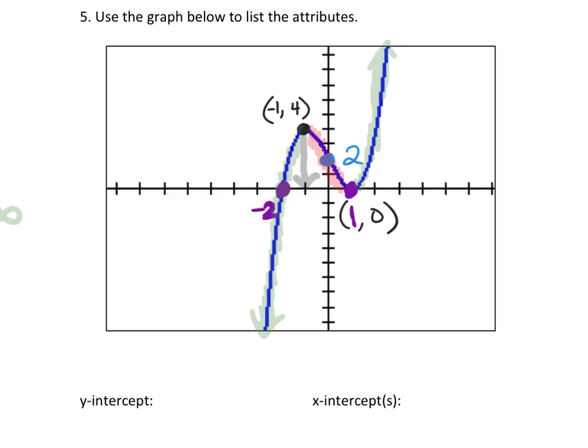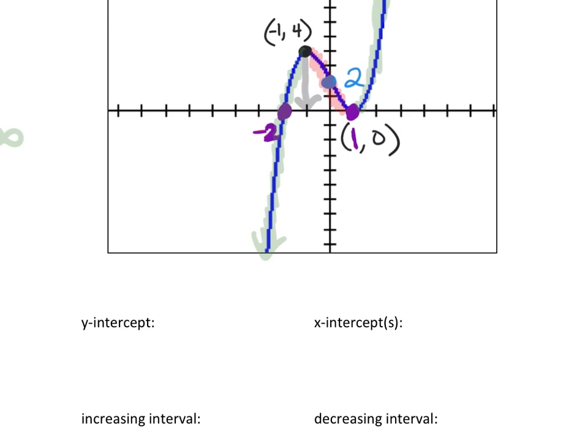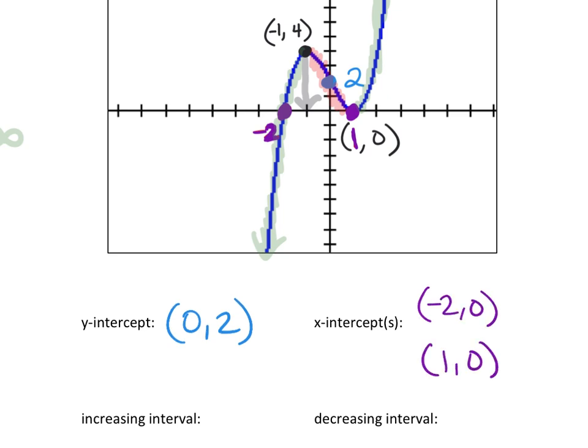Okay, we start listing some things out. The y-intercept we found to be 0, 2. That's where the graph crosses the y-axis. The x-intercepts are at -2, 0 and at 1, 0. I like putting them in number order, and I believe your homework also asks for them to be in number order.